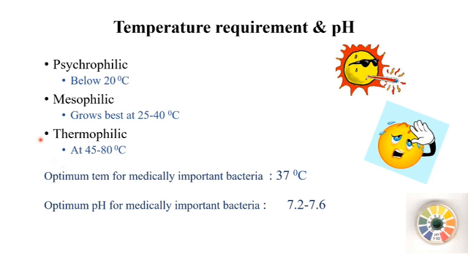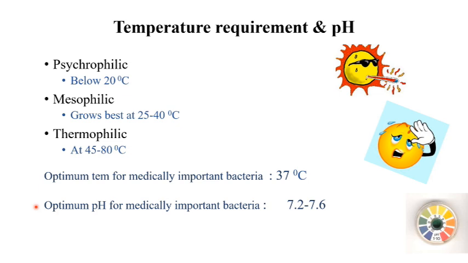And most of the pathogenic organisms, or medically important pathogenic organisms, will come under the mesophilic organisms, because the optimum temperature of medically important bacteria is 37 degrees Celsius and the optimum pH of medically important bacteria is 7.2 to 7.6.